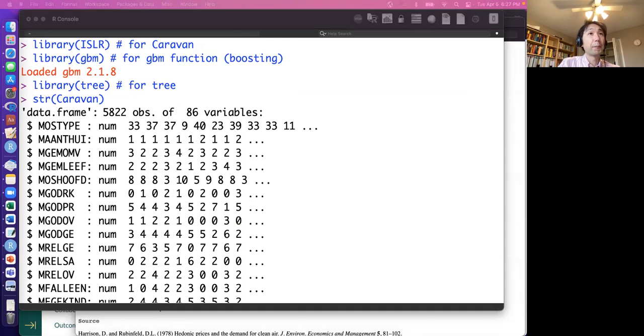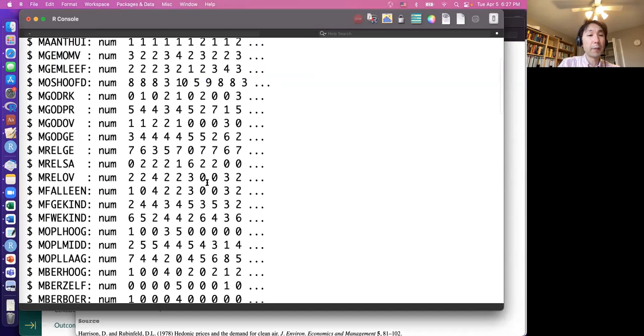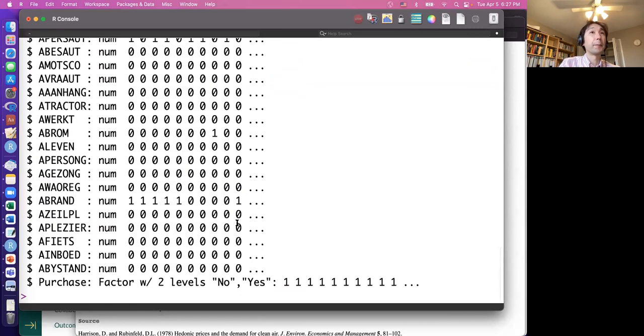And we actually have to make this into 0, 1. So at first we transform this purchase variable into a numeric variable with 0, 1.